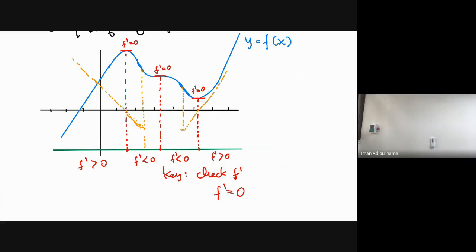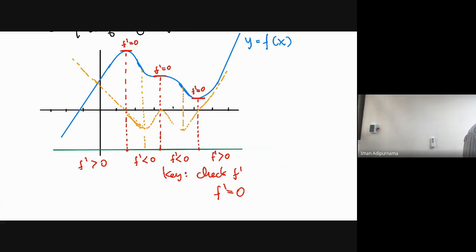It seems both are going concave upwards, because this is less than zero, and from the graph here, these 2 points should be meeting here.